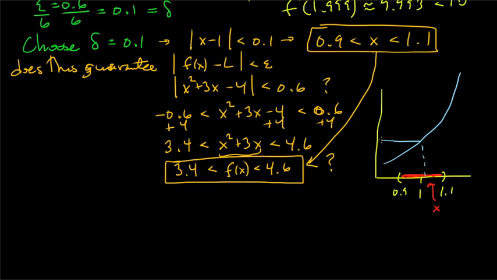Remember, when x is 1, y is 4. And we want to guarantee that f of x is between 4.6 and 3.4. So if I pick an x on that interval anywhere in here, that's going to guarantee that my f of x is within this band, from 3.4 to 4.6.